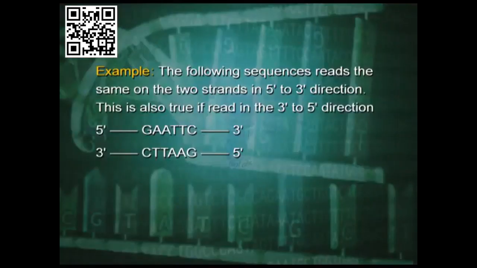For example, the following sequences read the same on the two strands in 5' to 3' direction. This is also true if read in 3' to 5' direction. The entire process of recombinant DNA technology can be seen through this diagram.